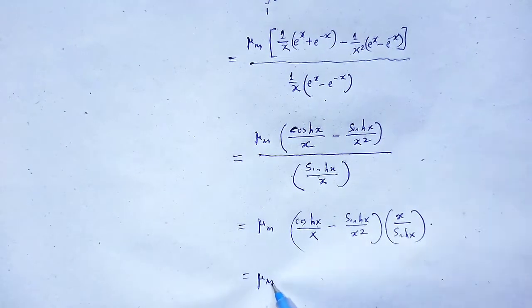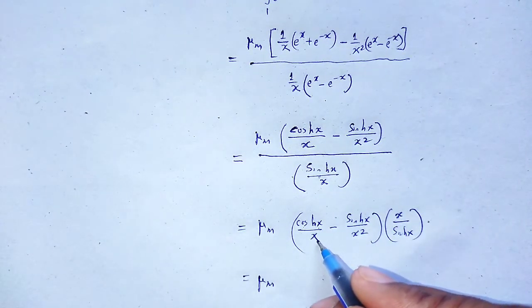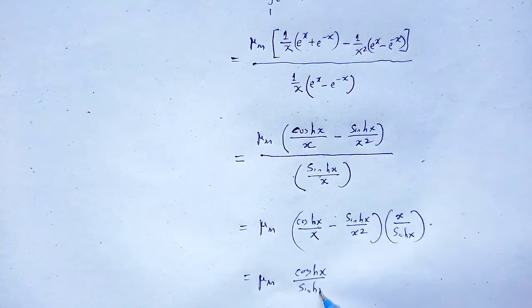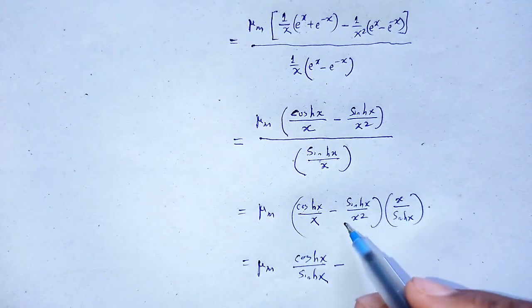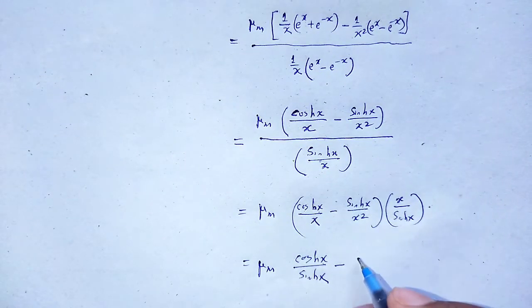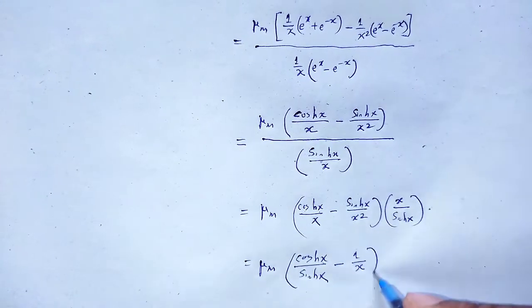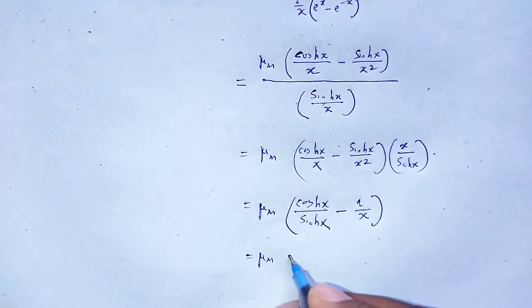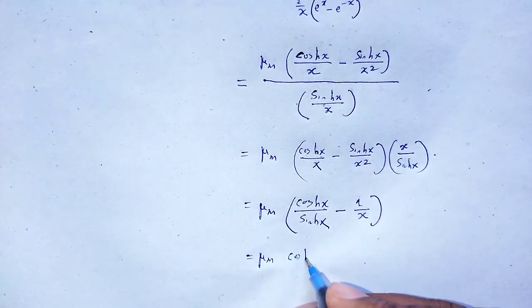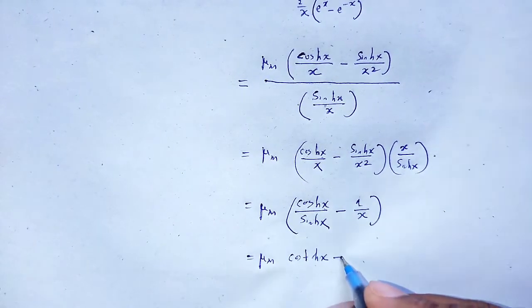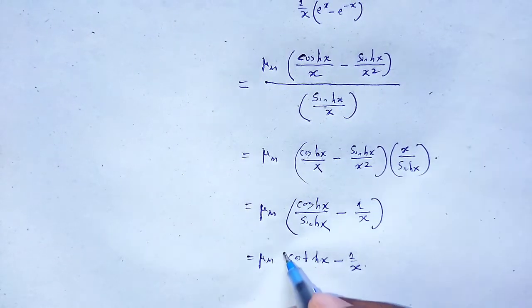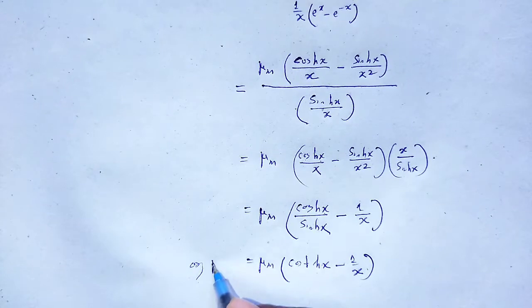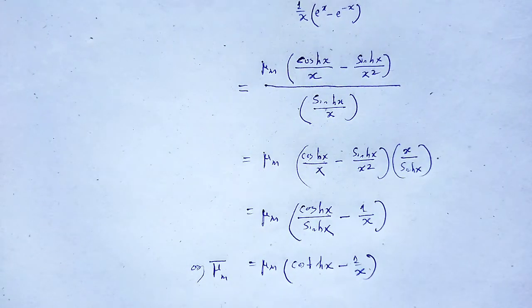The x cancels out, sin hx cancels out, so we get cos hx divided by sin hx, that is cot hx, minus 1 by x. That is the value of mu m bar.